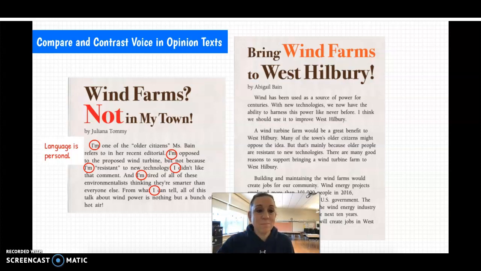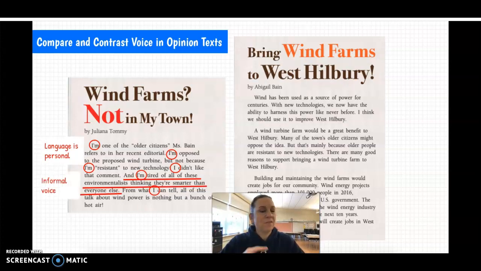And then I underlined, "I'm tired of all these environmentalists thinking they're smarter than everyone else." Very informal, very relaxed voice. And then "a bunch of hot air." Well, we know from last week that is a pun. She's using figurative language here.